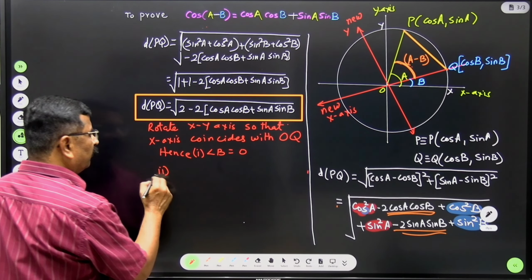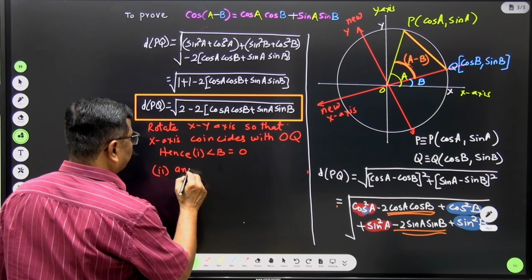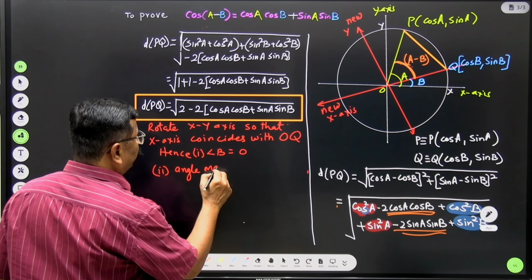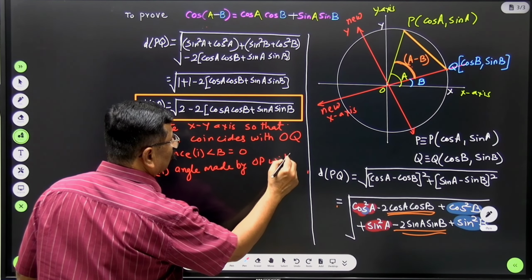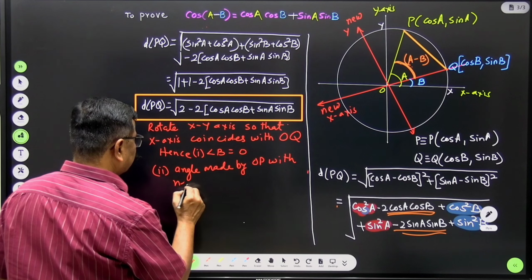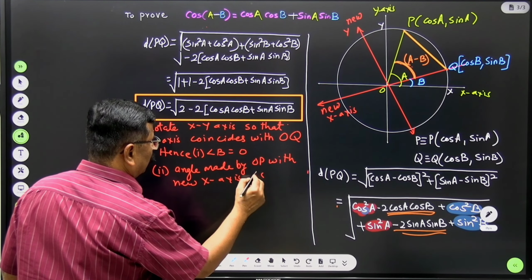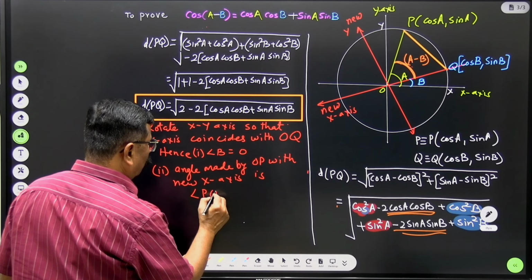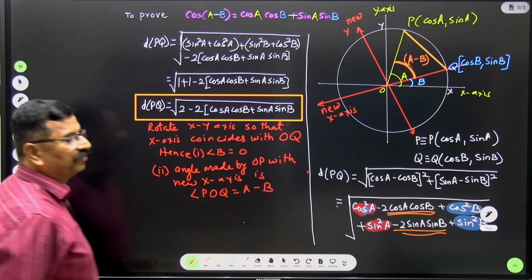And the second thing, the angle made by OP with the new x-axis is angle BOQ, which is equal to A minus B.